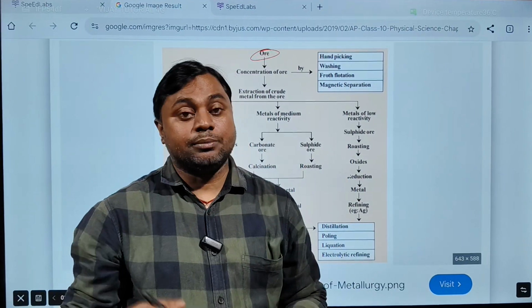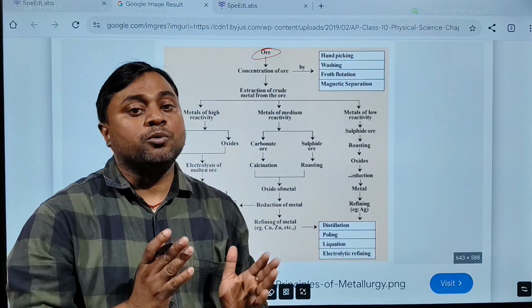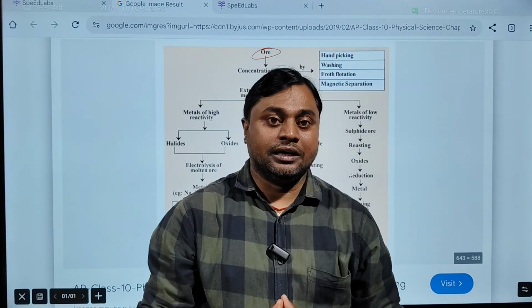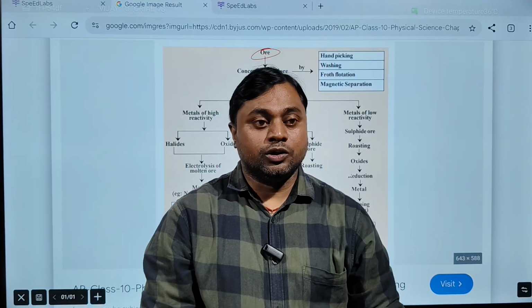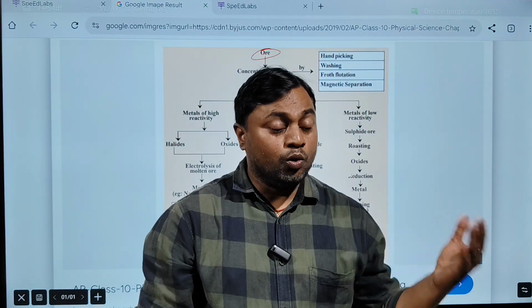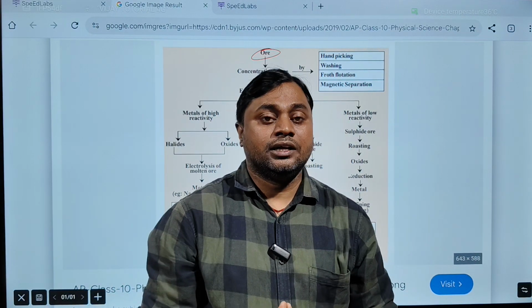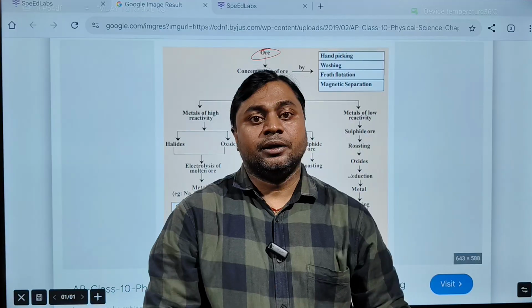Some are highly reactive, some medium reactive, some low reactive. So we have to follow different procedures for the extraction of metal. For medium reactivity there is a separate process, for low reactivity there are other methods, and for high reactivity there are separate methods.